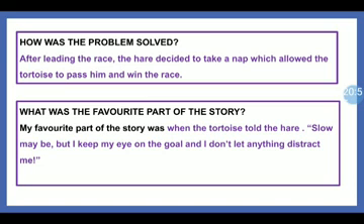Now, I'm going to be moving to your experience as it relates to the book. So, what was the favorite part of the story?